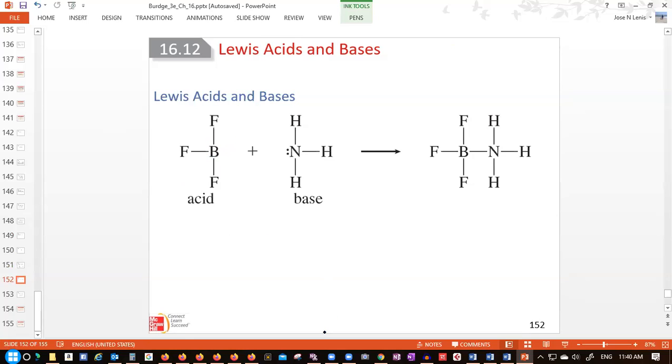And how is it going to get a better stabilization? So let's see what's happening when we do the electron distribution. The atomic number for boron is 5. So the electron distribution for boron is 1s2, 2s2, 2p1.